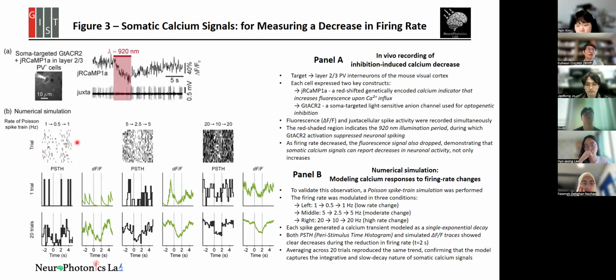Okay, then why did they use a Poisson spike train here for the simulation? As I remember, they didn't mention why they used this simulation tool, but I think they should mimic the natural situation, where the firing occurs randomly.